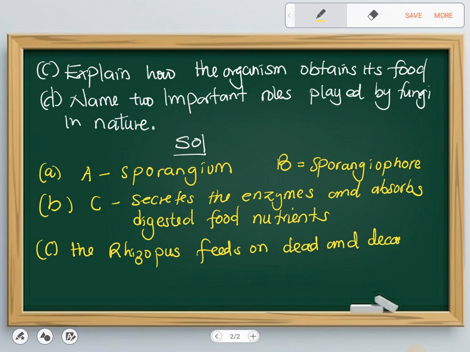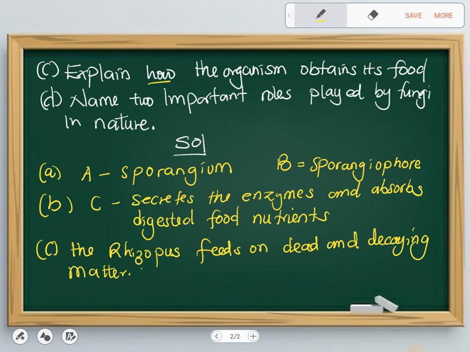I'm going straight to the point. I'm not telling stories. That's what biology requires you to do. It says explain. Yes, I know it feeds on dead and decaying matter, but how? The question is how.